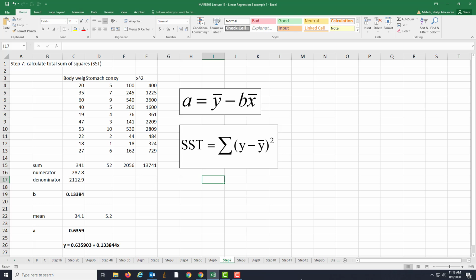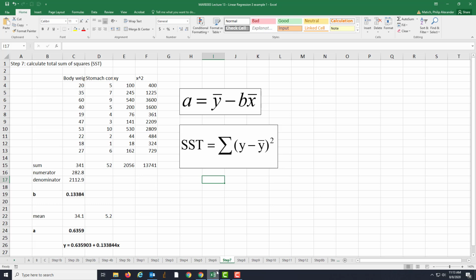Now, in order to calculate r squared, we need to calculate some sum of squares. The first one that we need to calculate is our total sum of squares, SST. So we need to take our y values, subtract the means, and then square each of those, and then after that take the summation.